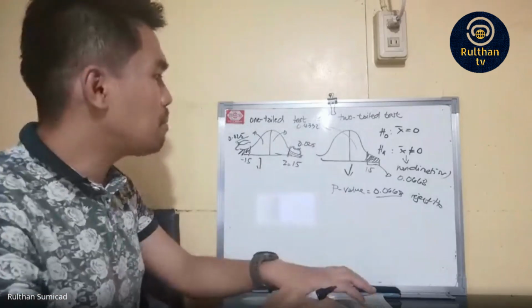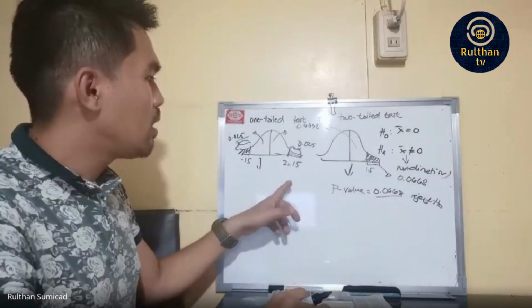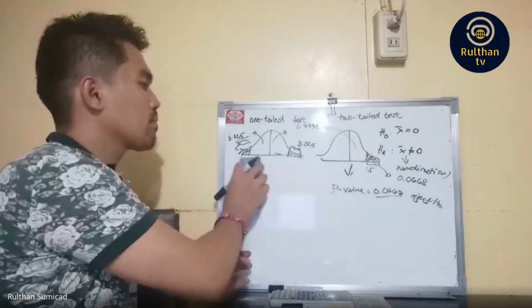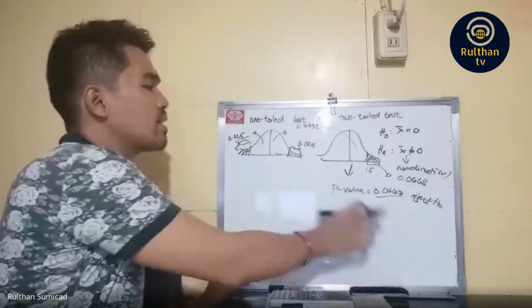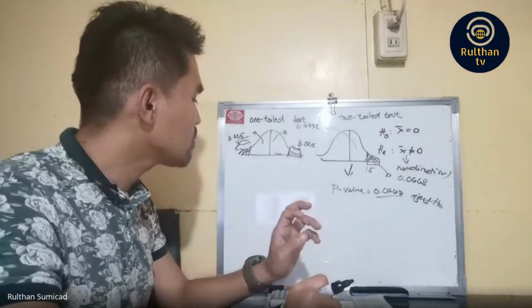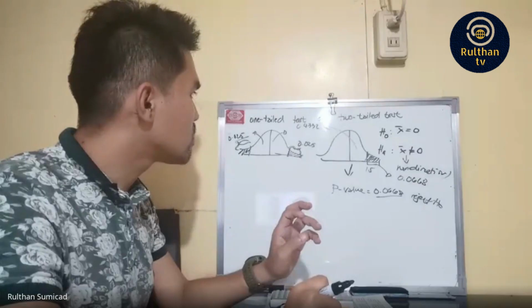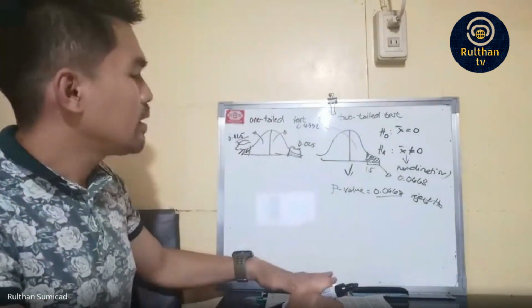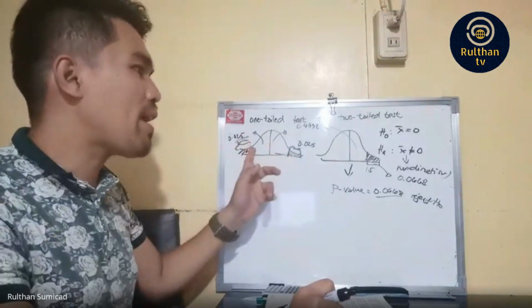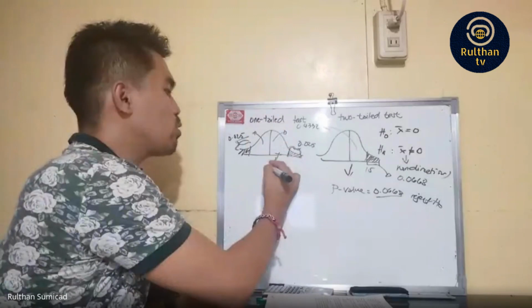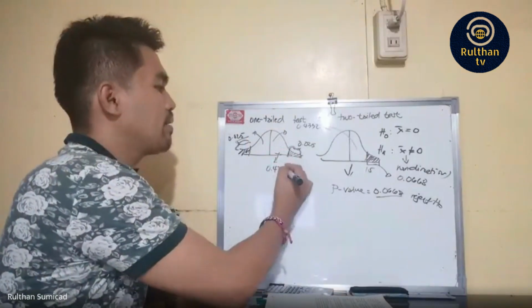So looking at the table, this is no longer 1.5. I'm assuming this is 0.025. We will look at the table. 0.05, that's 95. So 45, that's 47.5. This area here is 0.47.